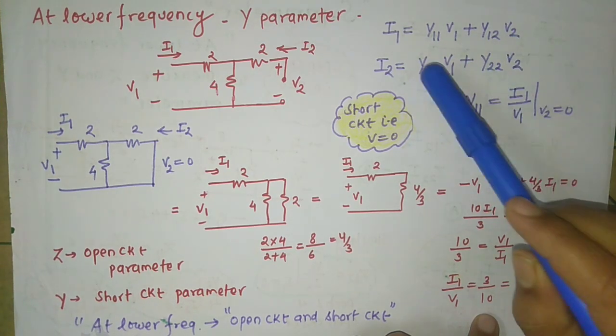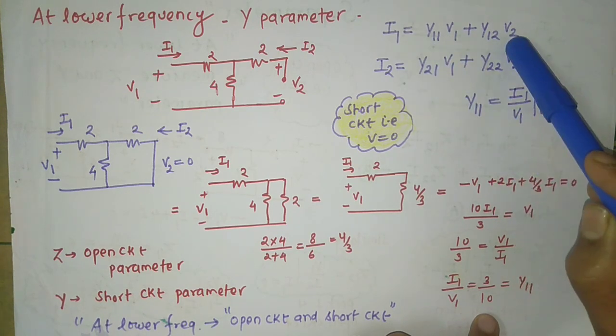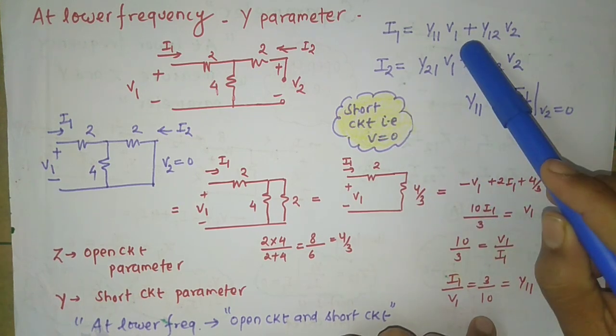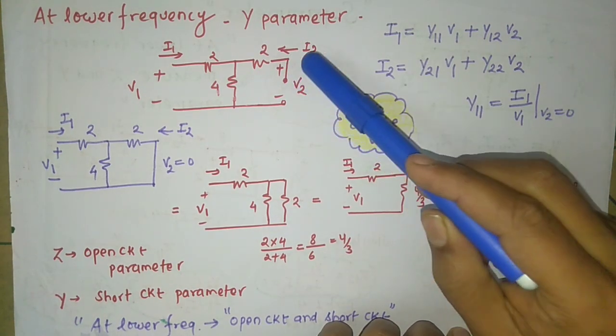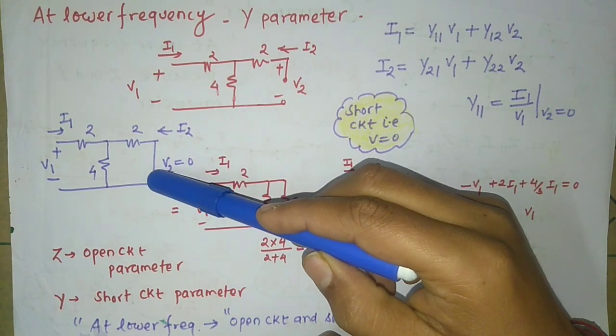Suppose that I want to calculate the value of Y11, then I will put V2 equals 0. What do you mean by V2 equals 0? V2 equals 0 means it is short circuited. To calculate the value of Y11, create a short circuit by joining these two terminals.